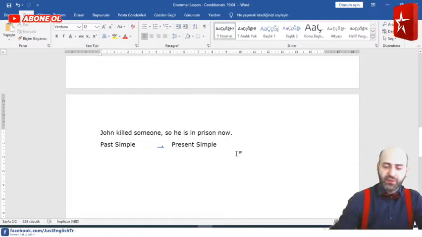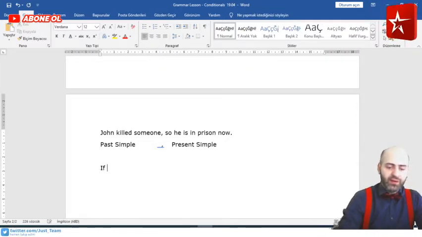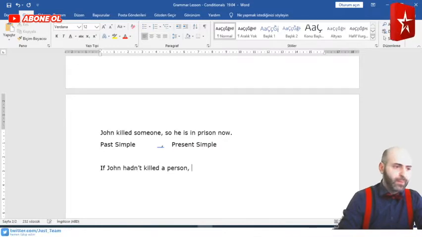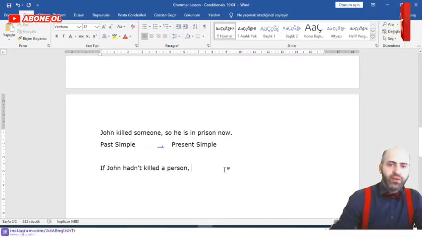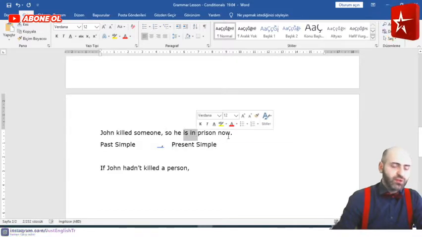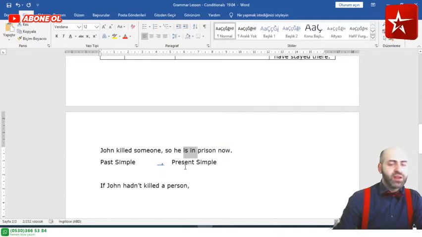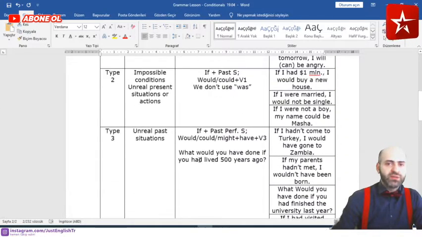Let me write it for you. If John had not killed a person, then in the second part, as you see, we have present simple. So now he is in prison. So for the result part, I will use present situation.